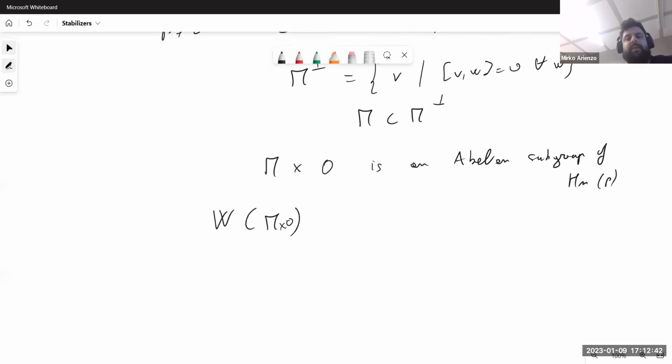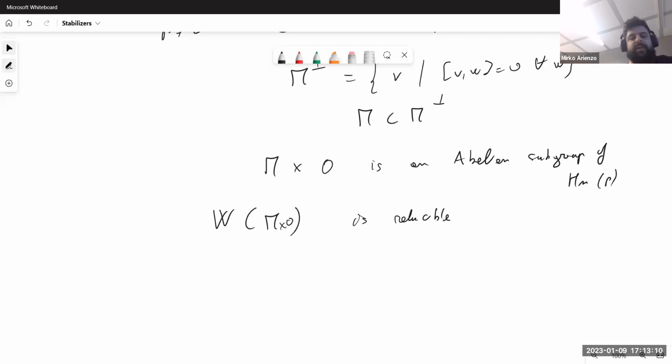But one knows from group theory that this representation is reducible, and this is a consequence of Schur's lemma, because the only irreducible representations of an abelian group are one-dimensional.